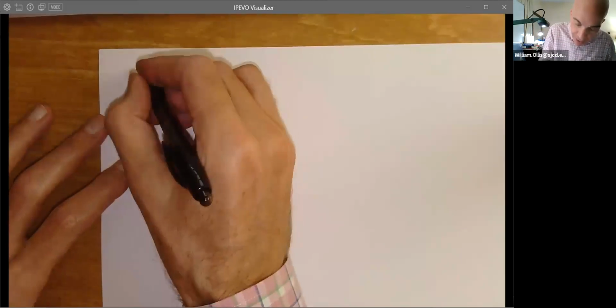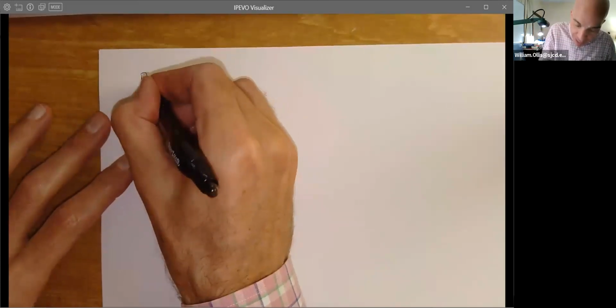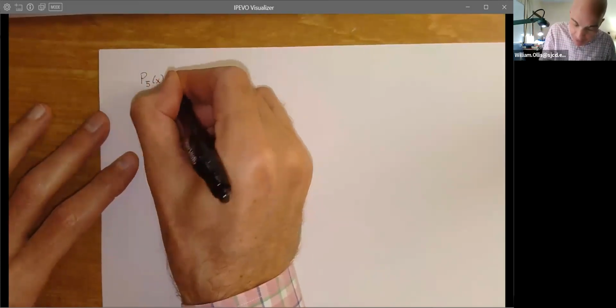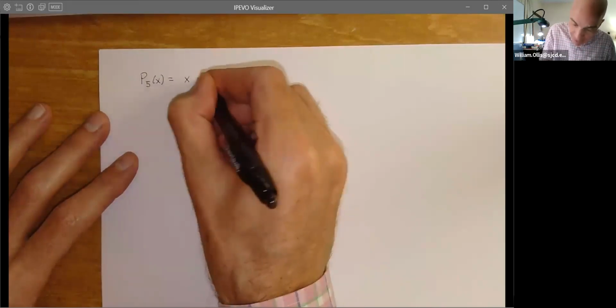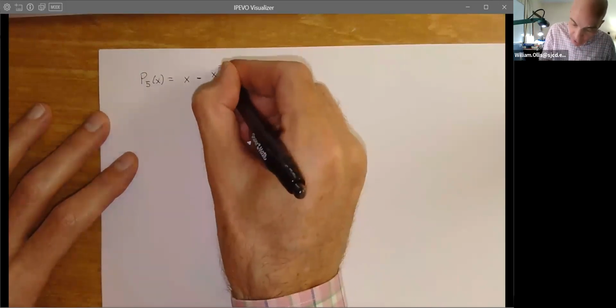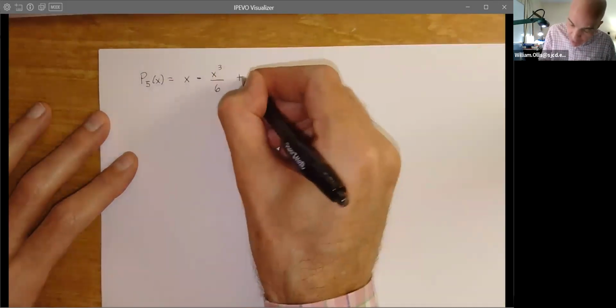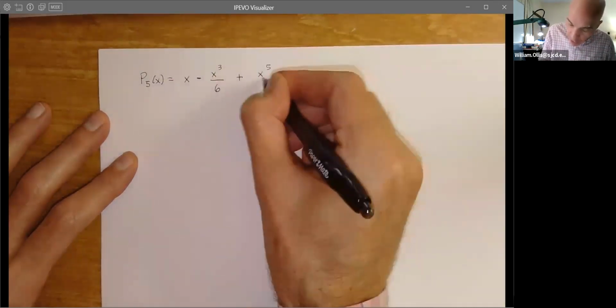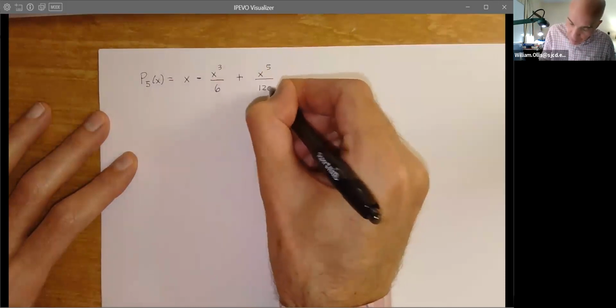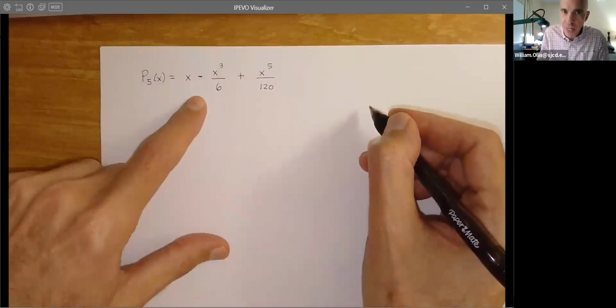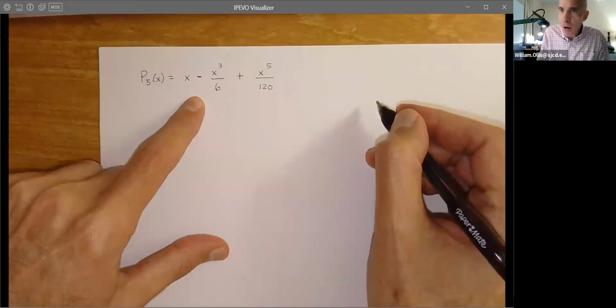So now we say P5, remember what that is? P5 of x is x minus x cubed over 6 plus x to the 5th over 120. So we can use this as an approximation.